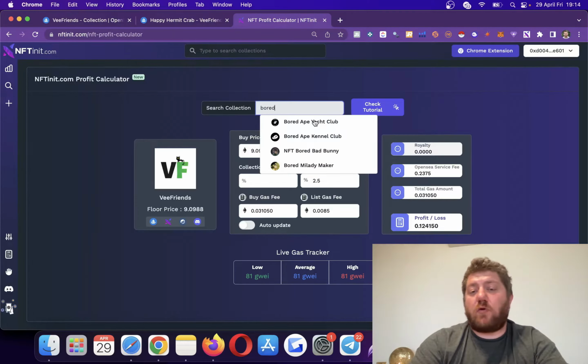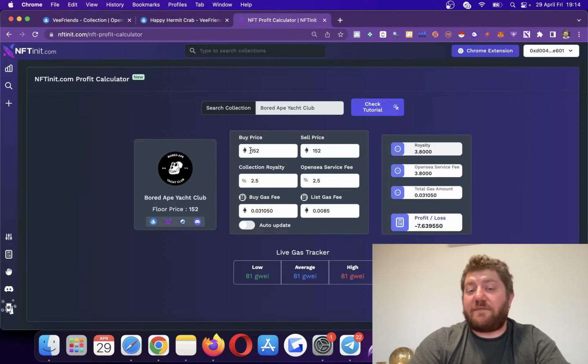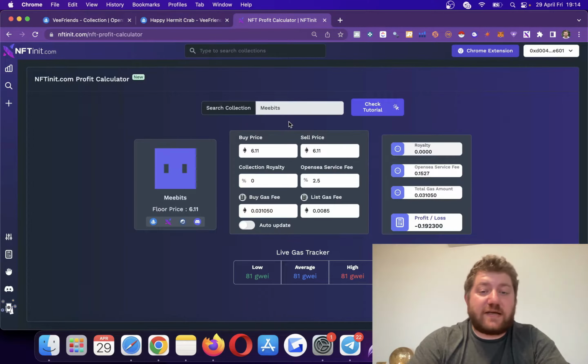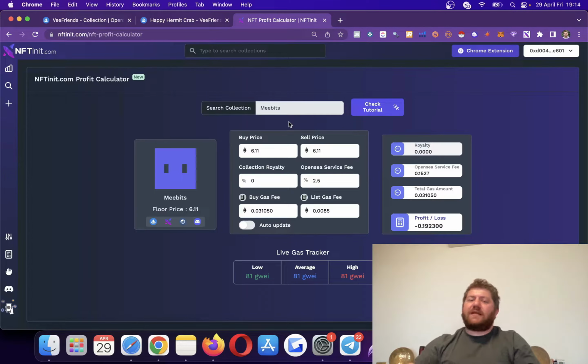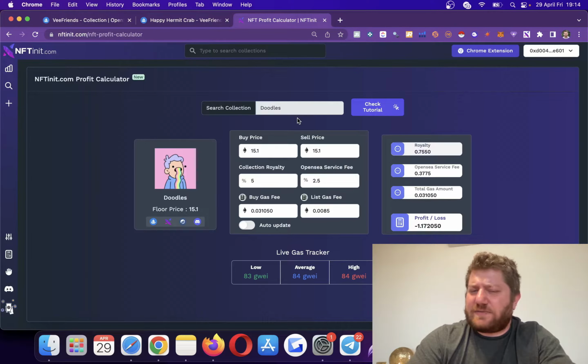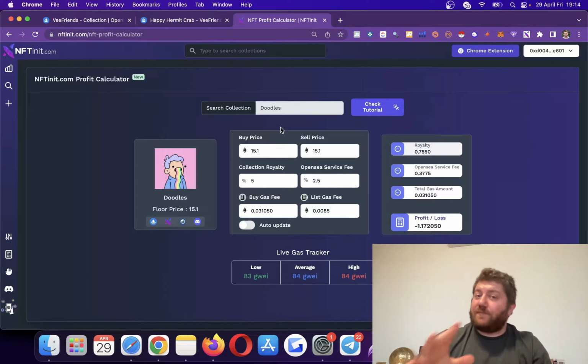However, if you go for Bored Ape Yacht Club, which is 152 Ethereum, which is huge, they only charge you 2.5. There is Meebits that charges you 0. So it depends on the collection. But there are also others that are going to charge you, like I think Doodles, they charge like 6% or 5%. So it really depends.